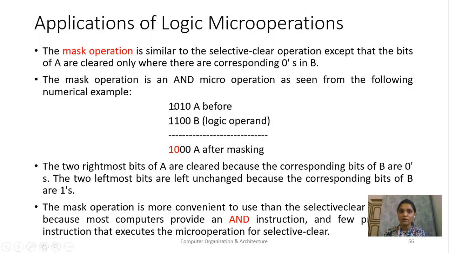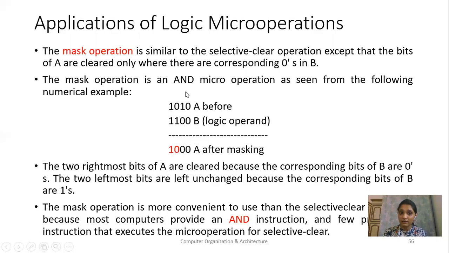That means 1 will be as it is and 0 will be as it is, because you are ANDing with 1. But whatever you want to hide, whatever you want to make 0 0, when you do ANDing with 0, your result will be 0 0. So by using ANDing you can mask any number.